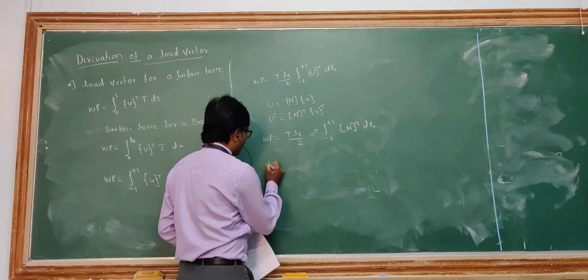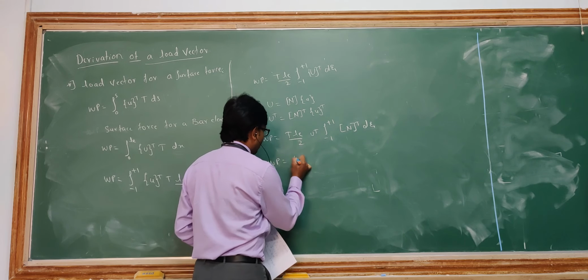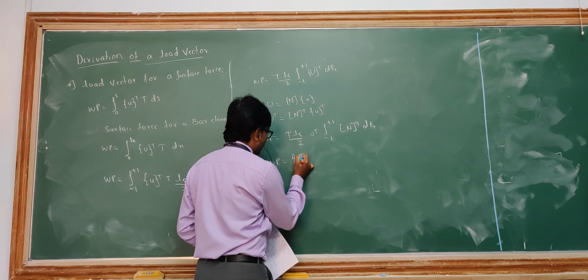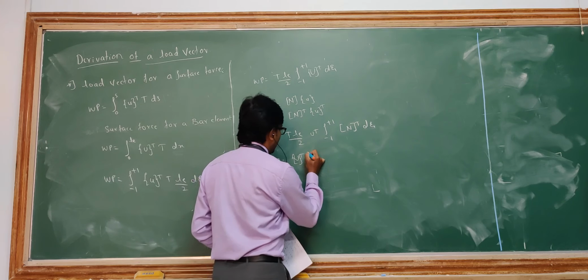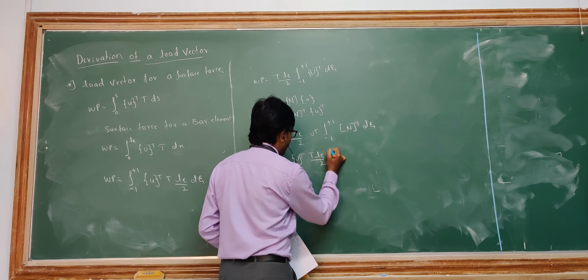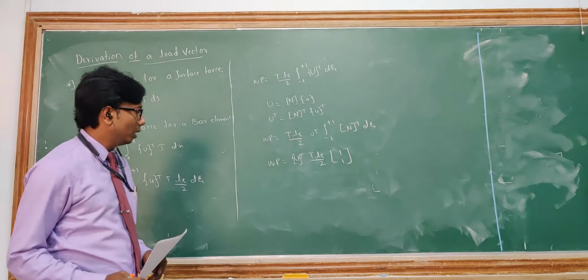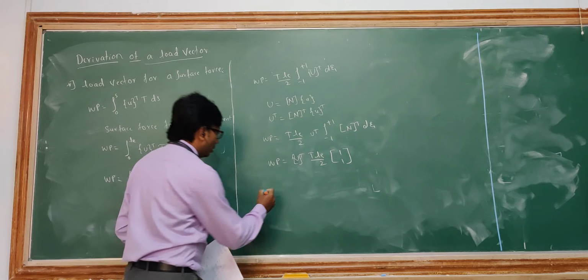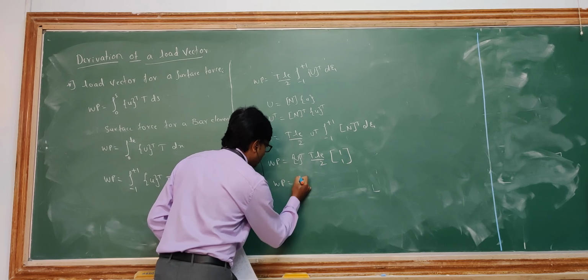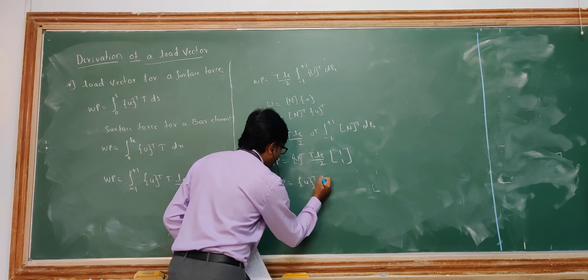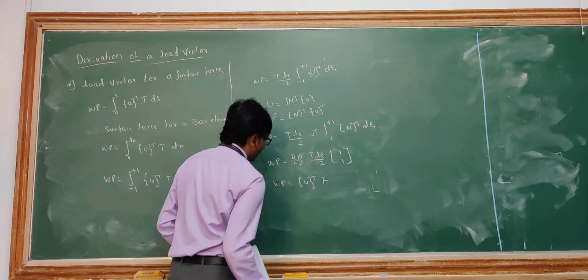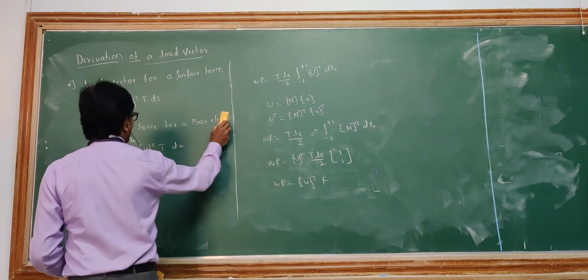So we can write the work potential as u transpose, T LE by 2 into the vector 1 1. Comparing to the general work potential which is given as u transpose into F, what will be the nodal force here?